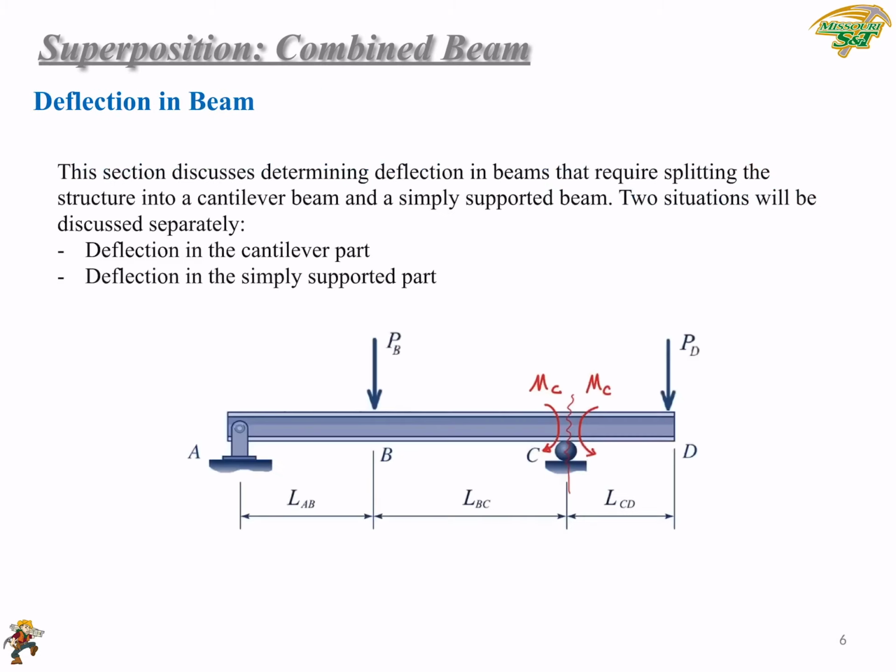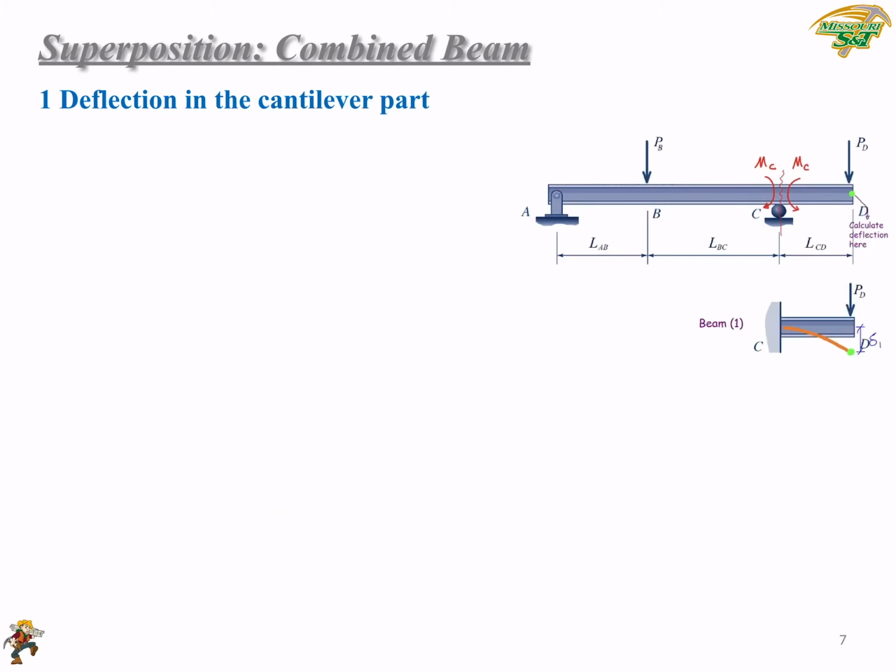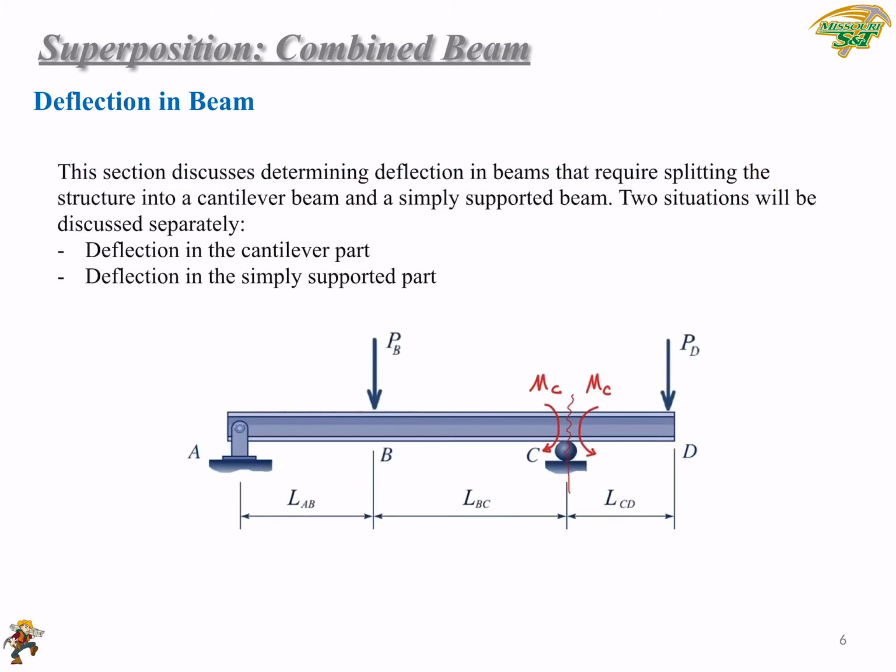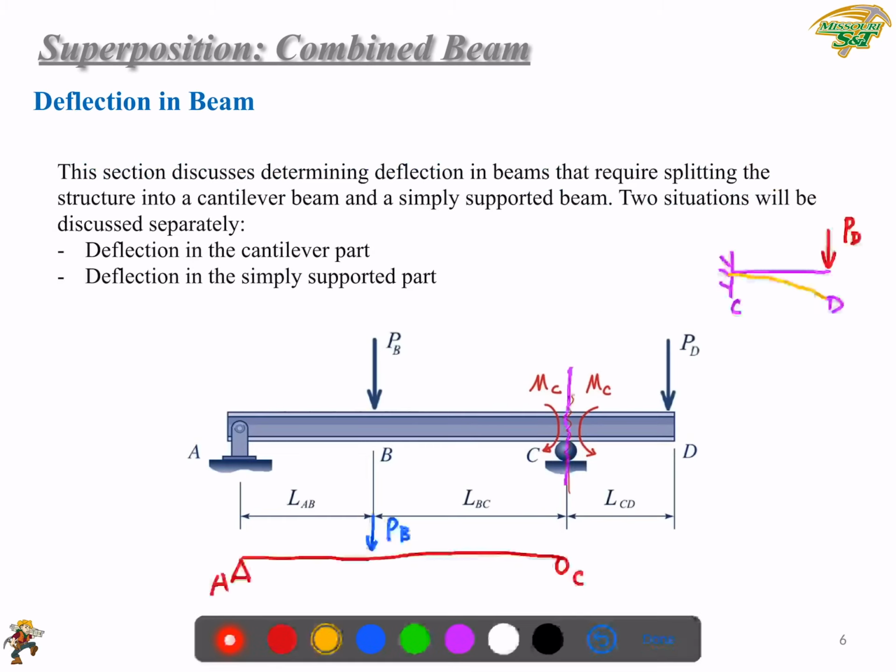Thinking about that, if we split it from here, so apart from this PB, when you separate this part CD, when you load it by PD, actually to balance the PD, a reaction moment here, MC, will be generated.